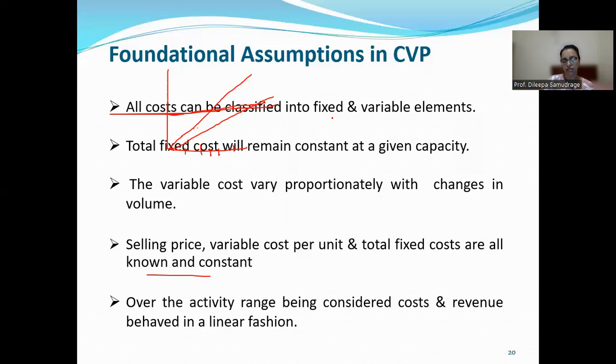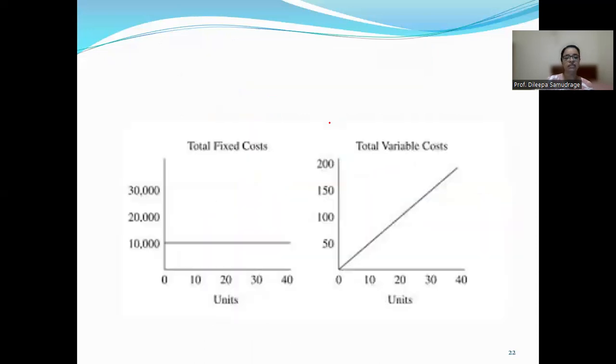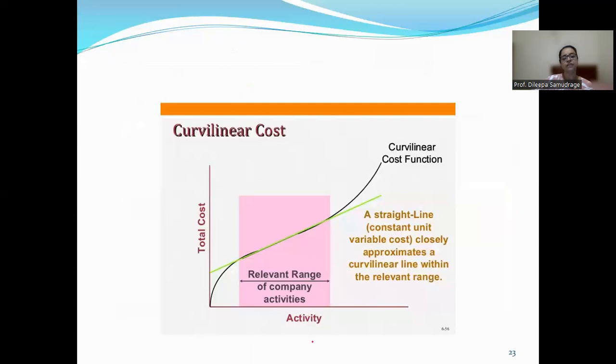So that is another issue. In practical situations, cost and revenues behave in a curvilinear fashion, right? Something like this. So you can see the curves. The cost function is like this, right?